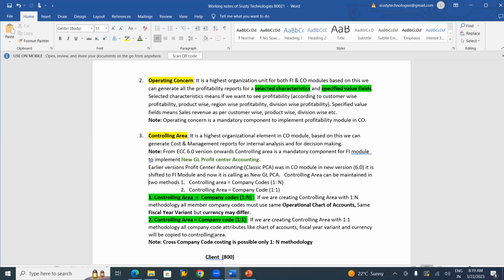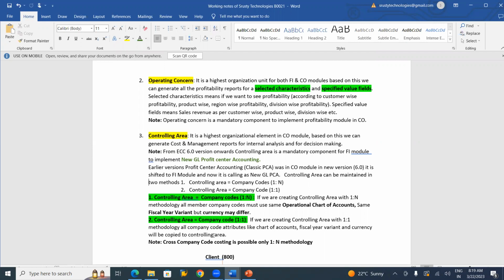Any questions here? The difference between 1:n methodology and 1:1 methodology. Naveen, I have a question here. As you said, in 1:n methodology we can have a different currency for each company code. Correct. So what if there is no difference in the currency in all 3 company codes? Can we use 1:1 methodology?